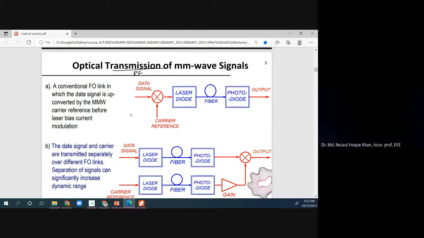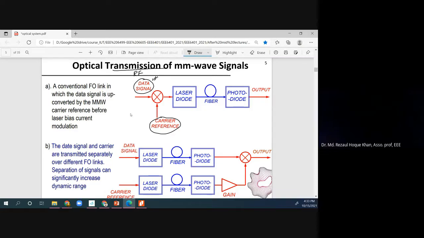For example, you have a data signal. You modulate the data signal by a carrier or LO reference. For example, you have a very small data signal, few kilohertz, 10 kilohertz, for example. That is what we typically do in telecommunication, right? So this carrier reference is an LO, for example, which is in the gigahertz range.